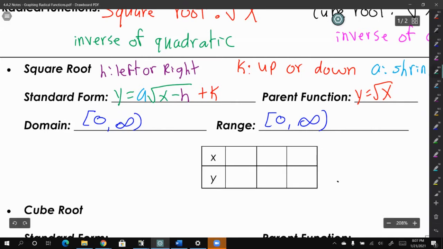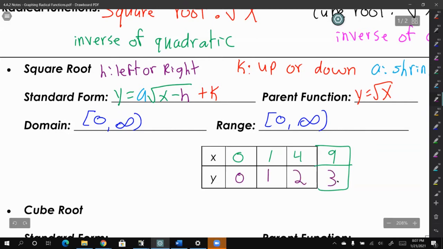The basic table that we're going to use to graph these square root functions is going to be x values 0, 1, 4, 9, and the y values 0, 1, 2, 3.